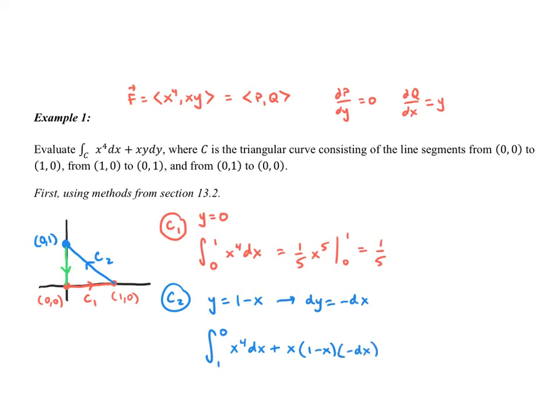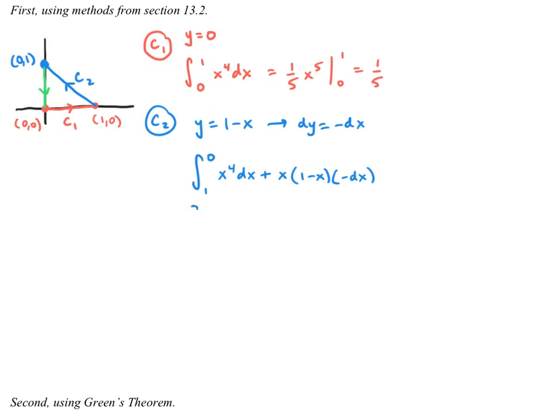Let's go ahead and simplify this integral. So from 0 to 1, we'll make it negative. We have x to the fourth minus x plus x squared. Just remember, we have to distribute this negative. I almost forgot that. And then we have dx. Okay, so let's do the antiderivative.